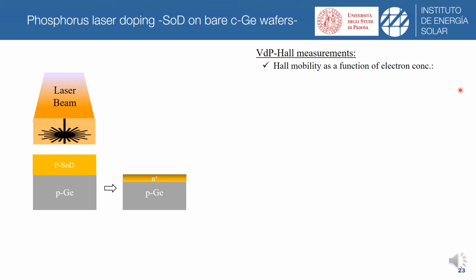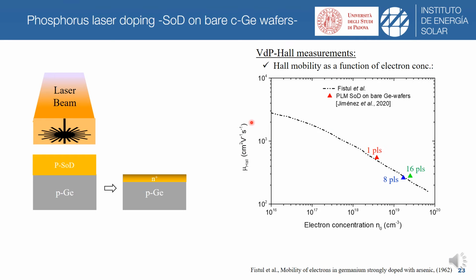In order to analyze how much of this phosphorus is electrically active, we have performed van der Pauw measurements, and in this graph I show you the Hall mobility as a function of electron concentration. The dashed line is the relationship between these two parameters, which was experimentally demonstrated by Wiskerman in the 60s for strongly doped n-type germanium.